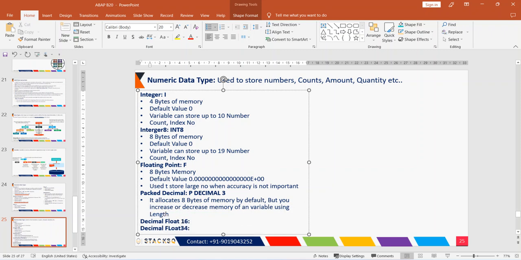The length varies from 1 to 16 bytes. Okay, it varies from 1 to 16 bytes.